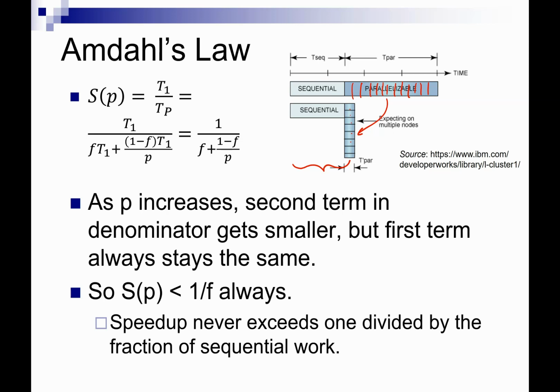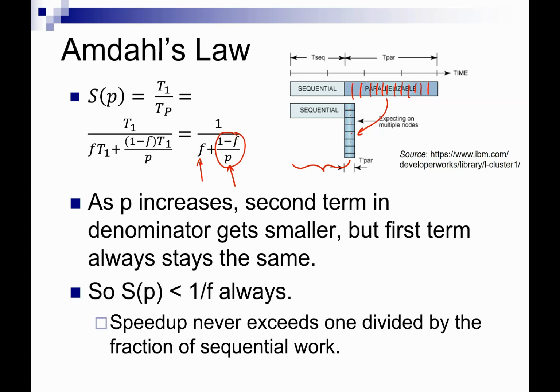Okay, so now let's look at the speed up expression. If you increase p, then this term here is going to get smaller. However, no matter how small it gets, this f term is not changing.